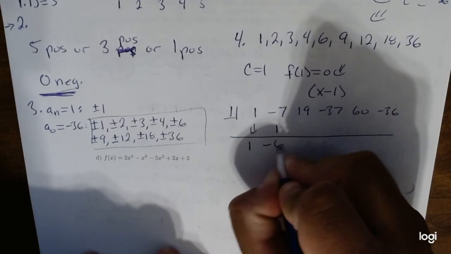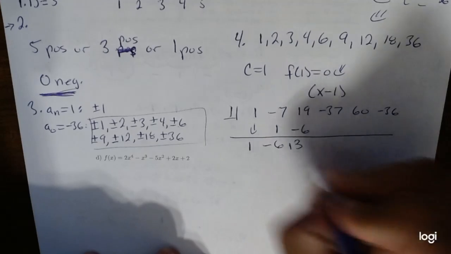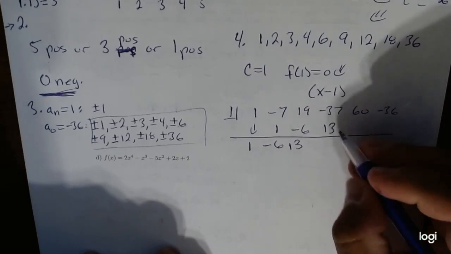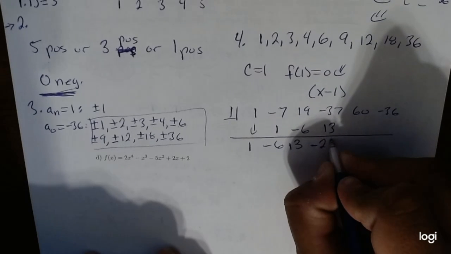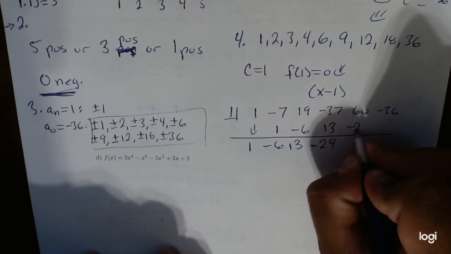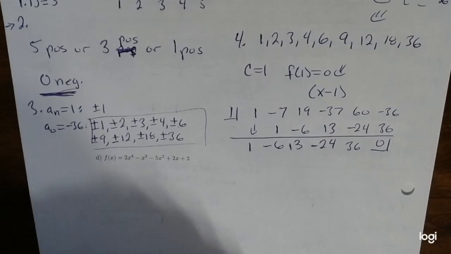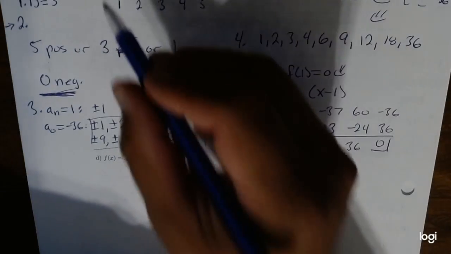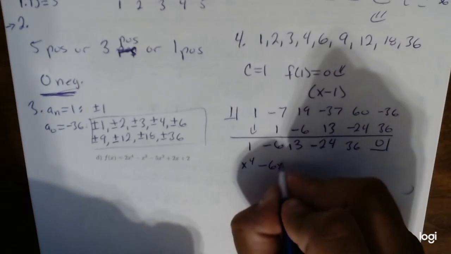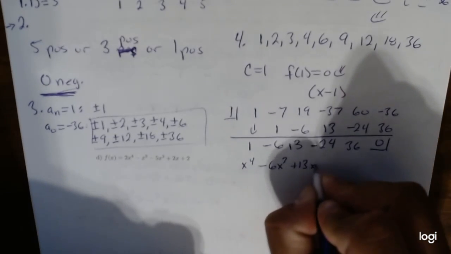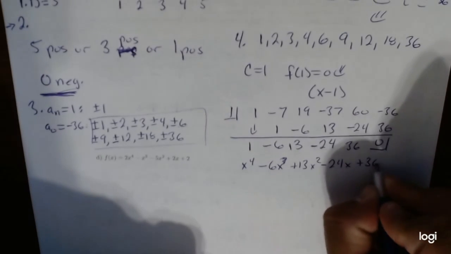That's 1, negative 6, 13, negative 24, 36, 0, right? Since we started with degree 5, this now becomes degree 4, so we have x to the 4th minus 6x to the 3rd plus 13x squared minus 24x plus 36.